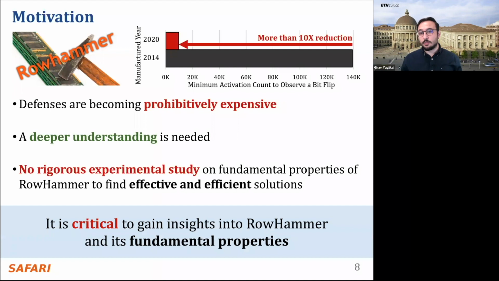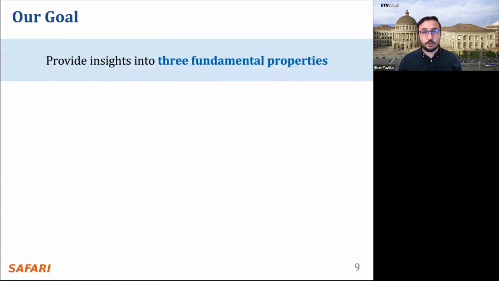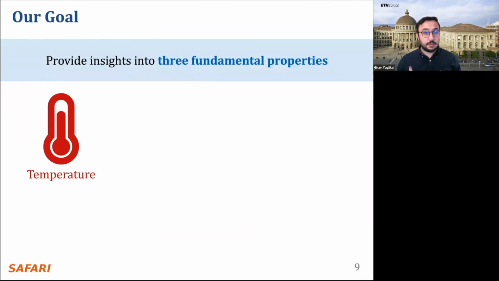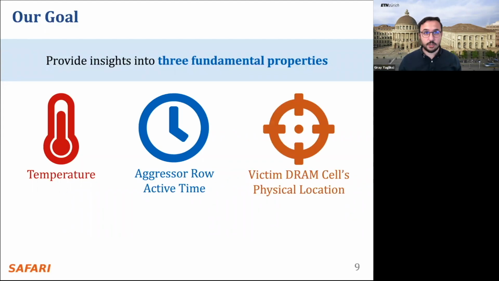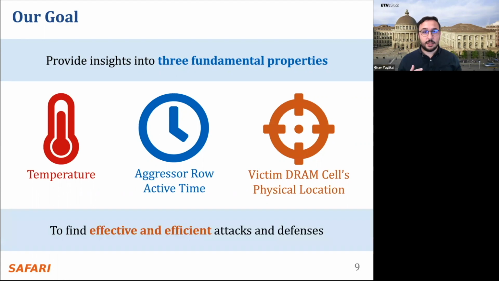Therefore, to enable RowHammer-safe operation with future DRAM chips, it is critical to gain insights into RowHammer and its fundamental properties. Our goal in this work is to provide insights into three fundamental properties: temperature, aggressor row active time, and victim DRAM cell's physical location. By doing so, we aim to enable research to find effective and efficient attacks and defenses.